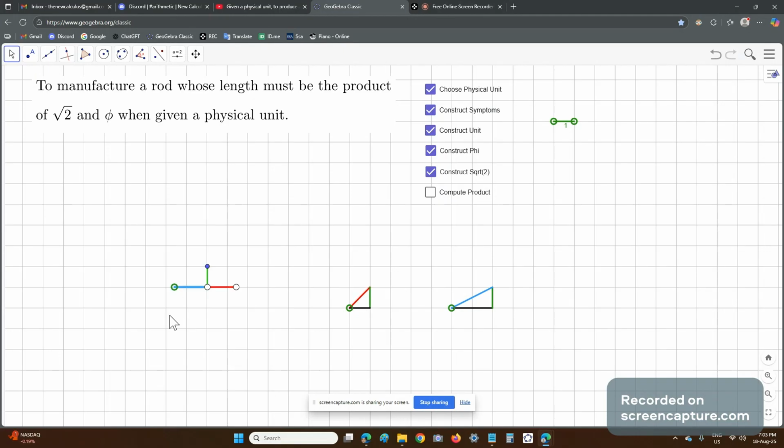Now, if you know anything about algebra or geometry, you'll know that if I draw a circle around here, then this orange length is the product of the blue and the red line. And the product of the blue and the red line is what you're looking for.